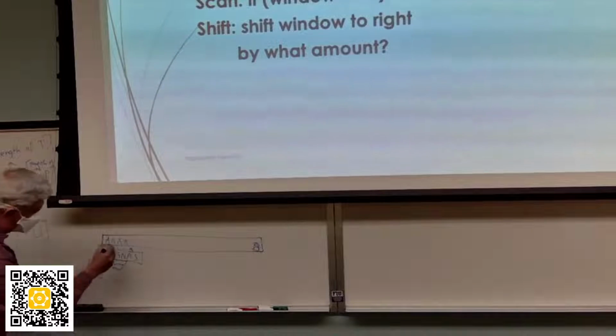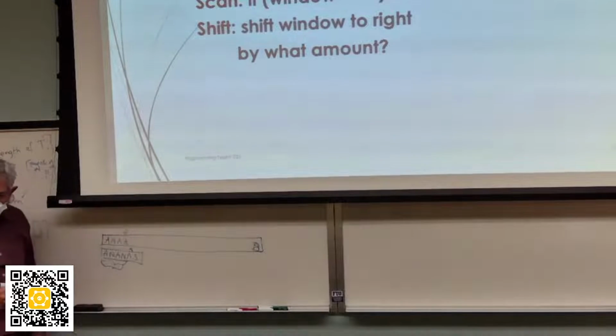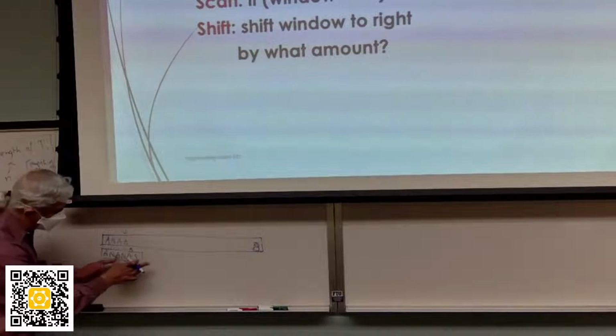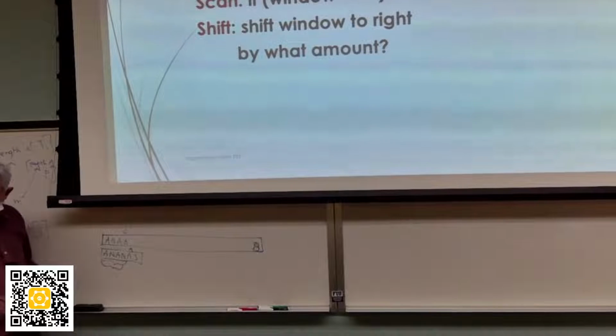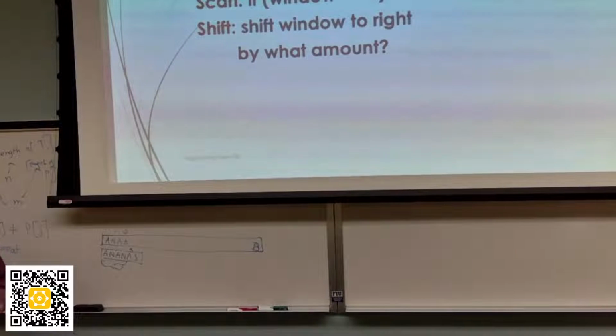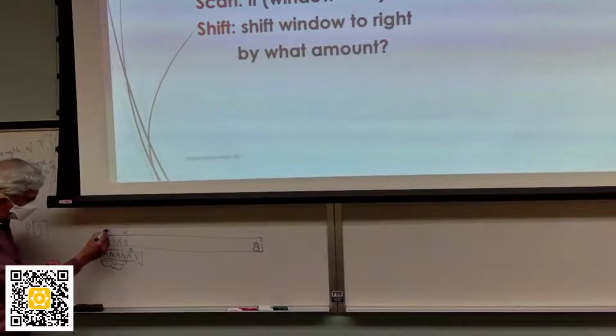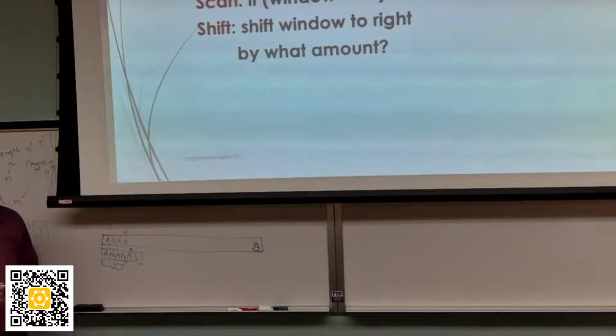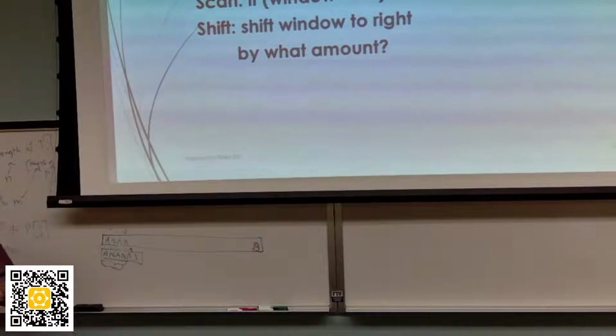So if the mismatch happened here in the text, I will move the pattern over, but I'm going to continue the text where I was. So I'm not going to go back and start the text from here, right? Even though I may only move it a little bit, I am never going to go back and check things over. That's the trick.